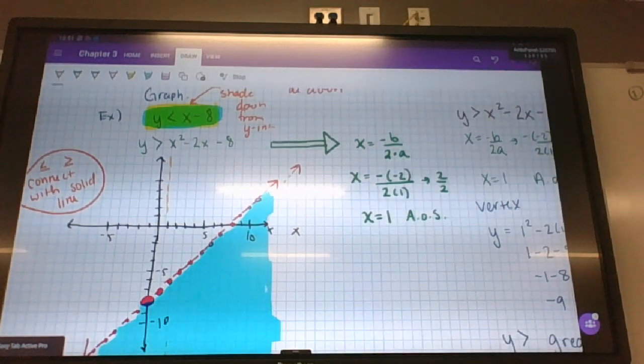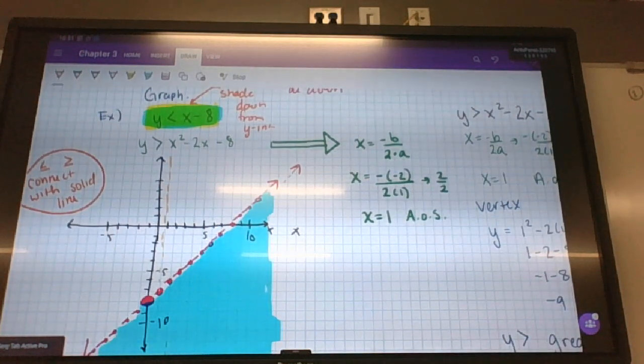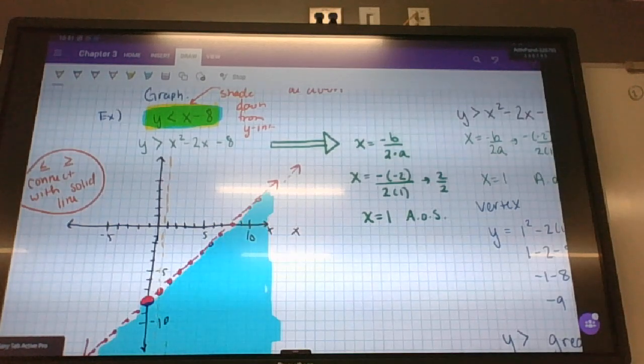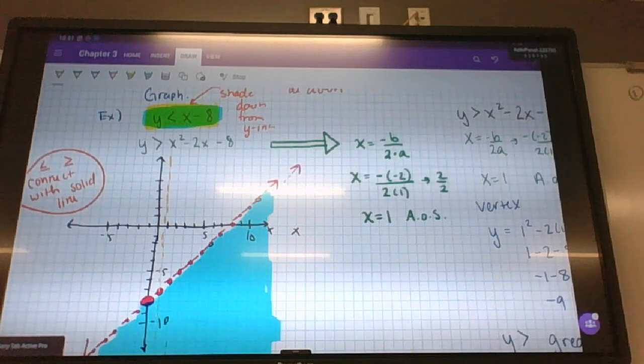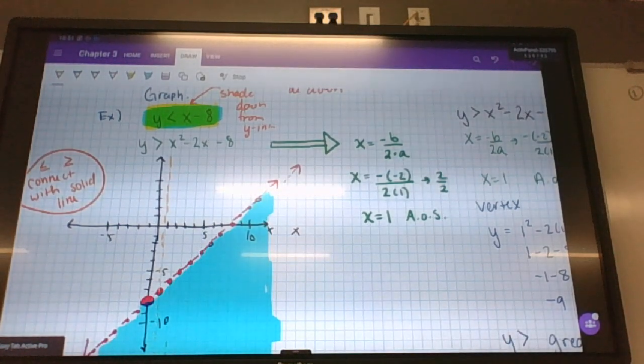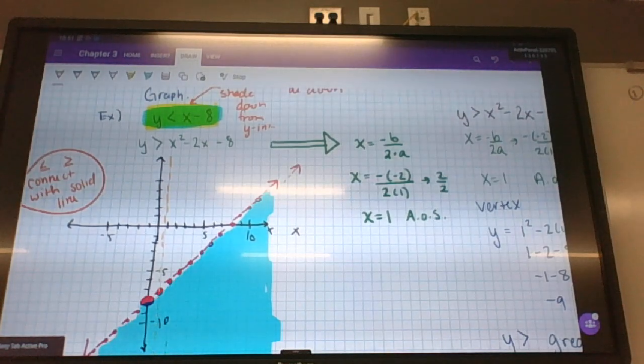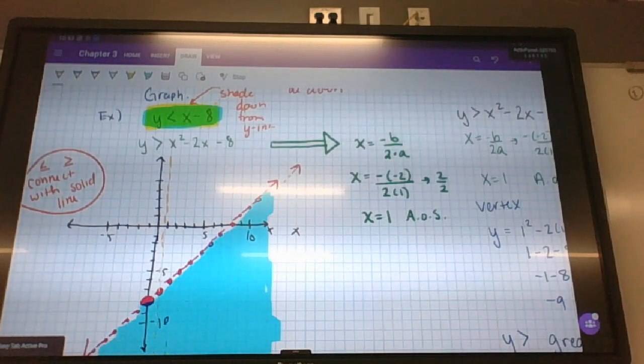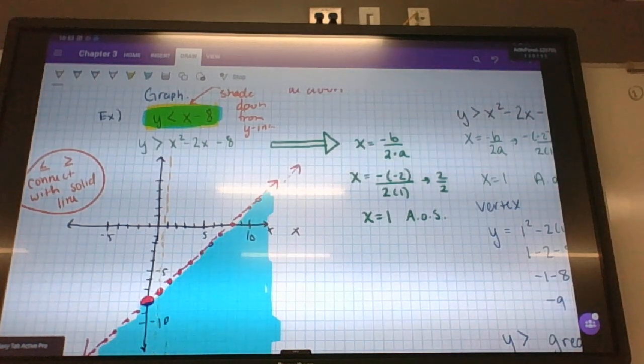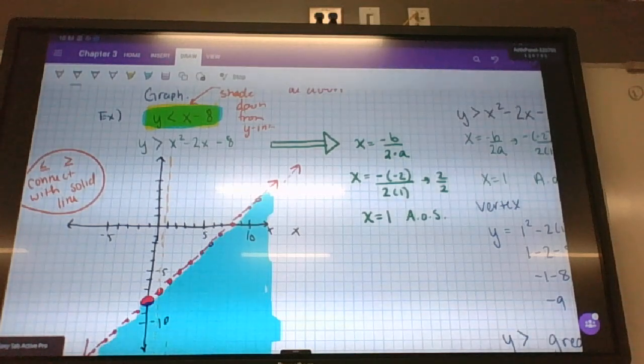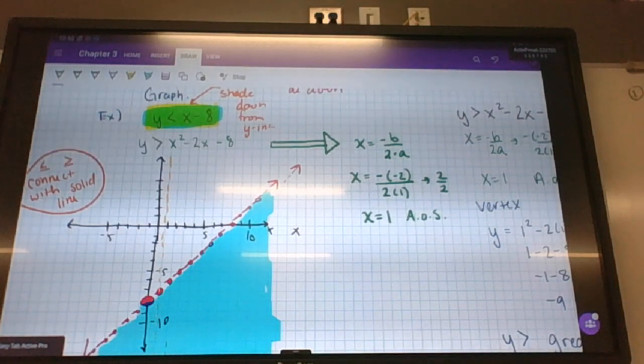Oh my gosh, I'm gonna get confused now. How do you know it's one? Let's see. Yeah, it's true. I did negative b over 2a and I got 1. What's your next step? You plug in x in the equation.